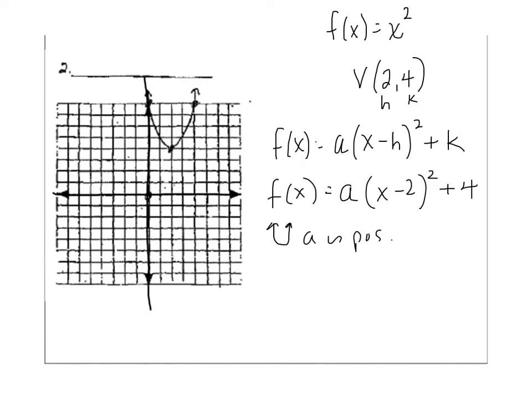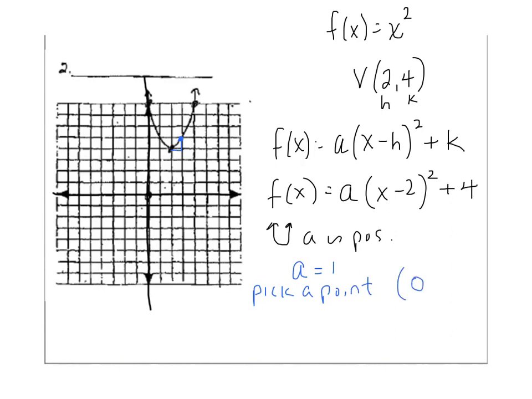Another thing we know is that on just a regular x squared graph, if it were centered at 0, 0, we would go over 1, up 1 from the vertex. So over 1, up 1. And if that point is on the graph, a is 1. If it's not, then you would pick a point on the graph, and I would pick something like 0, 8.